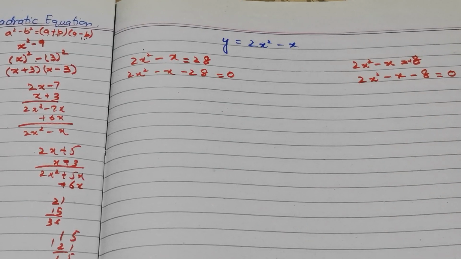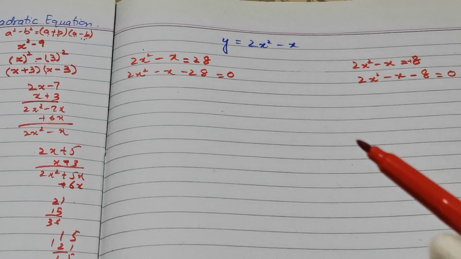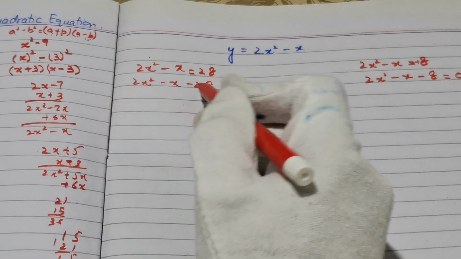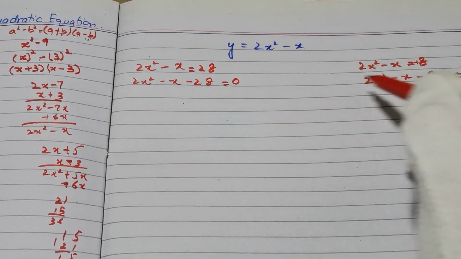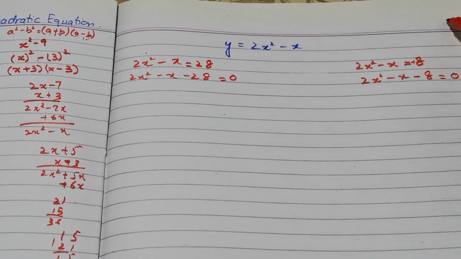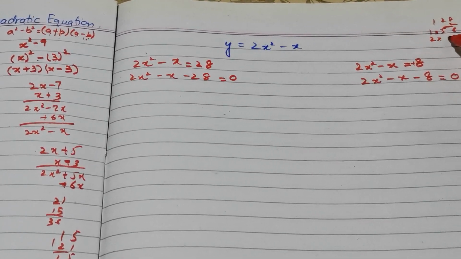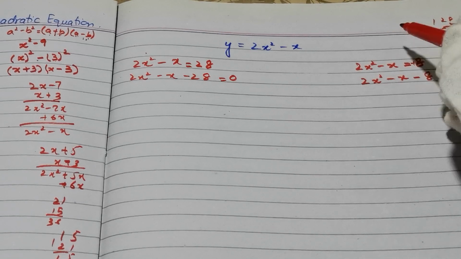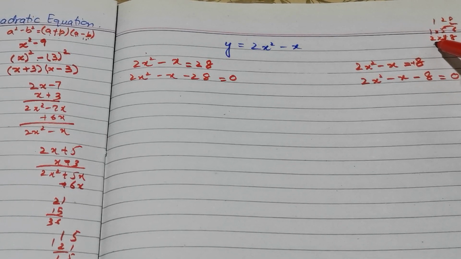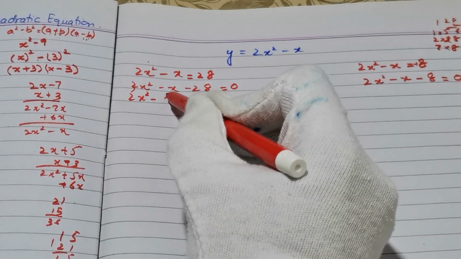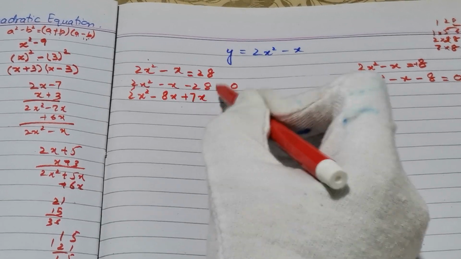Now 28 into 2 is 56. 7 8s are 56. So 2x square minus 8x plus 7x.